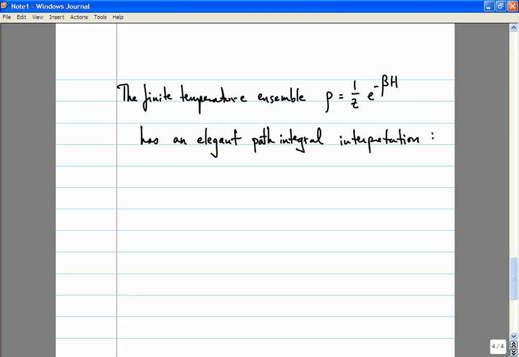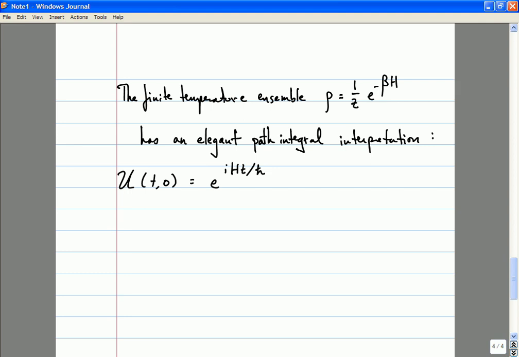So the basic observation is that if we want to describe the time evolution of some quantum mechanical system, then, among other things, one of the objects of interest that we need to compute is this time evolution operator, which, for a Hamiltonian that is independent of time, is e to the i t times the Hamiltonian divided by h bar.